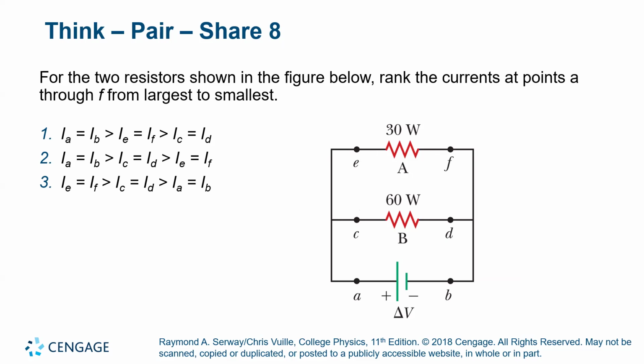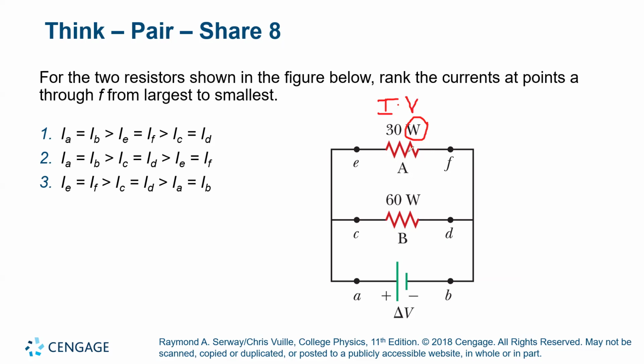Oh, and now that I'm looking carefully, be very careful. Always pay attention to your units, because I made a mistake and you could have made it too. This is not ohms. This is watts. Look at that. And now I'm going to change my answer, because watts is current times voltage.